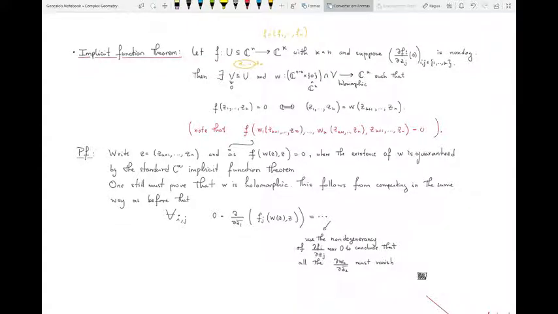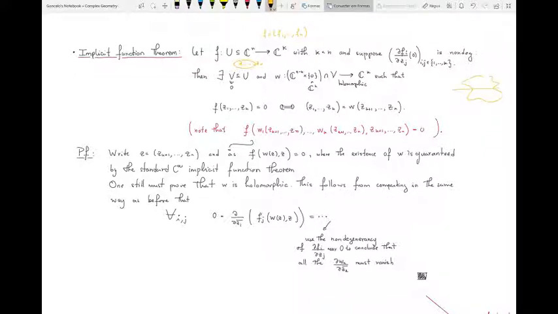And so if ∂f_i/∂z_j is non-degenerate, then there exists an open set containing 0 and contained in the domain, and a function that is holomorphic from C^(n-k) intersected with V. So if V is an open set at the origin, I haven't made a picture, but let's say that V is an open set at the origin like that.